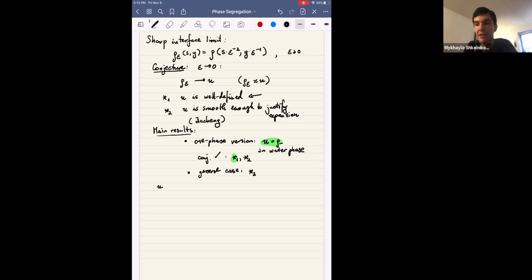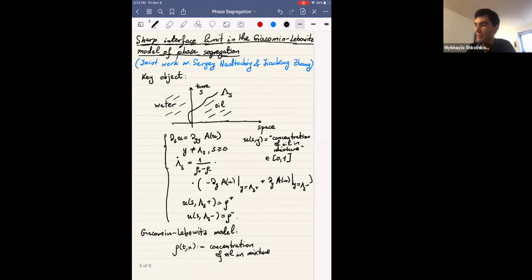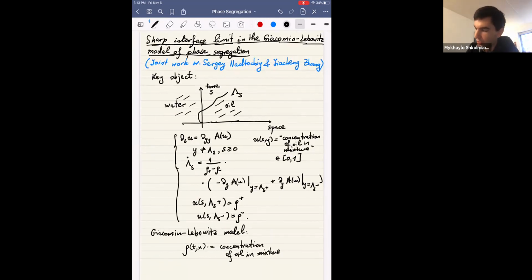Can you remind me what's the difference between this one-phase version and the general phase? Exactly. If I go back, for example, to this picture here, I have this unknown concentration or unknown function u on both sides. The one-phase case is the case where in the water, I set u to be constantly equal to rho minus.